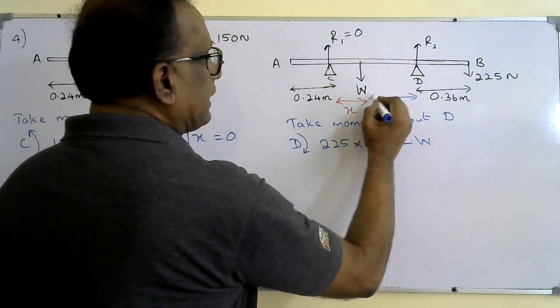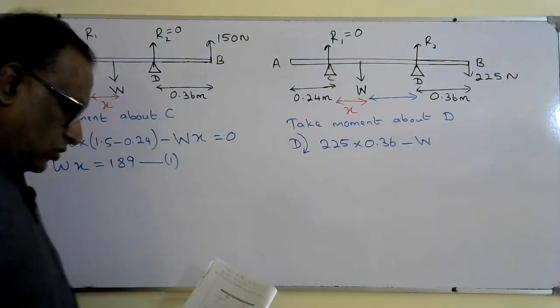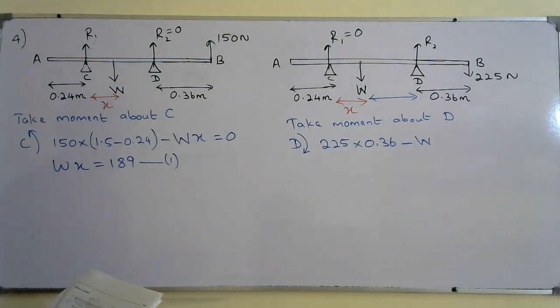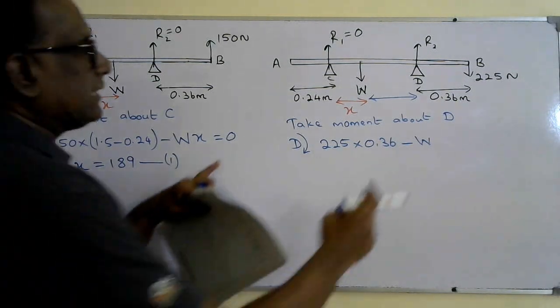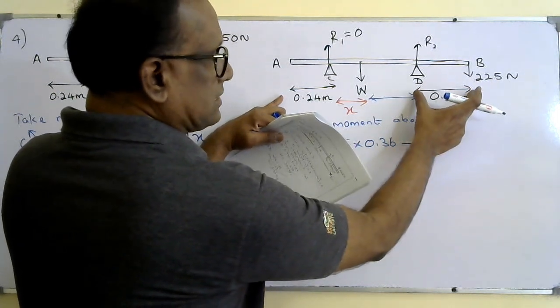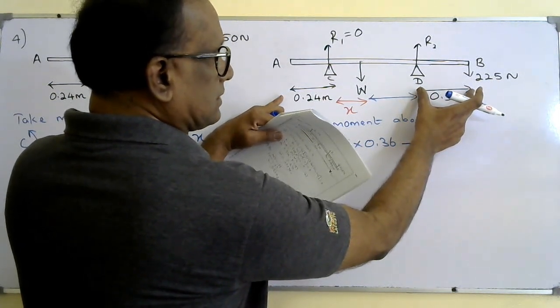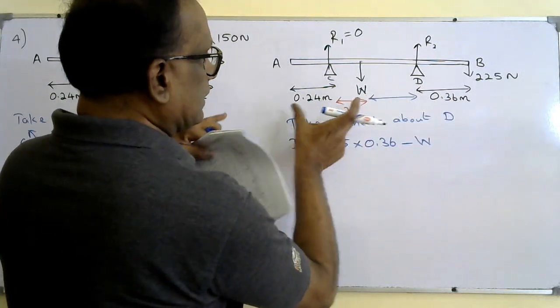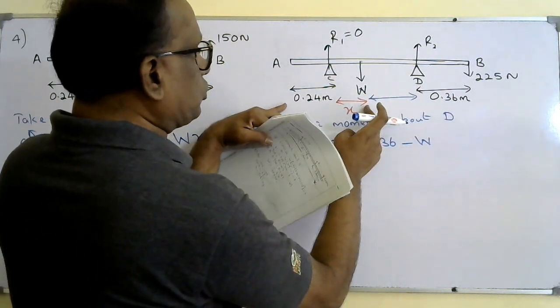How much is it? How do we find that distance? The whole length is 1.5, so 1.5 minus 0.36, minus this length, which is 0.24 plus x.